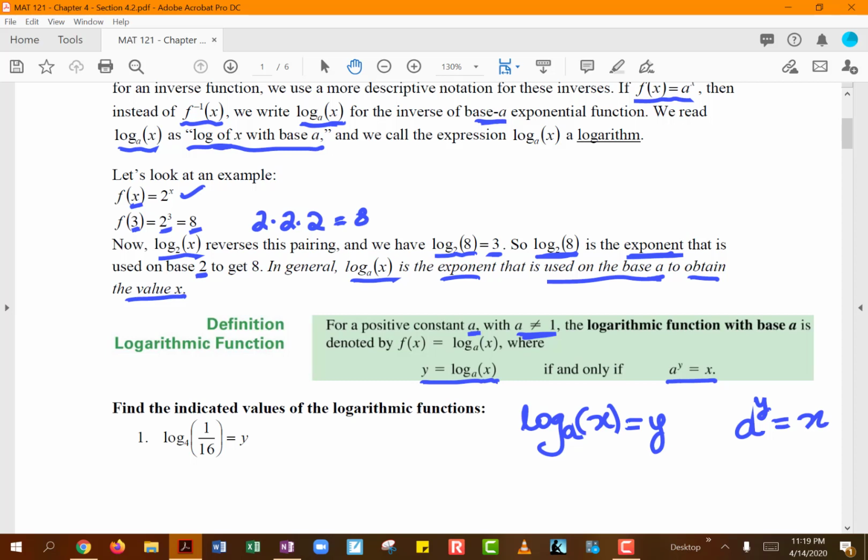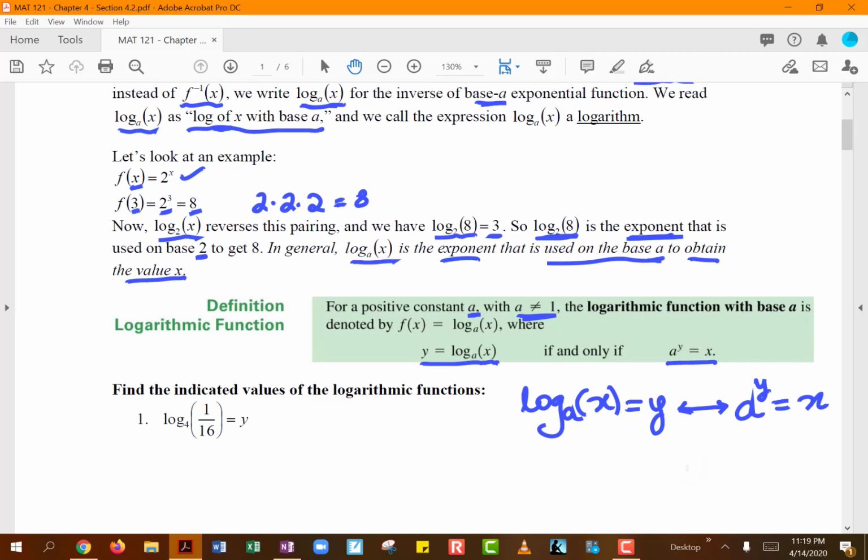So you need to remember the relationship between the log and the exponential function, because like I said, a lot of times we have to convert this from the logarithmic to the exponential form, and vice versa, so that we can solve some of these problems here.